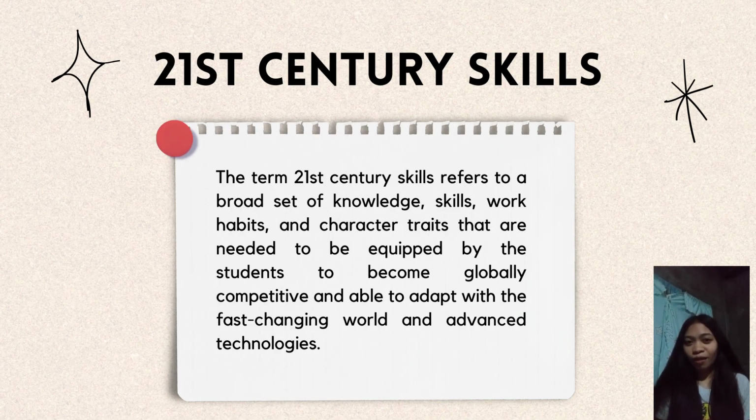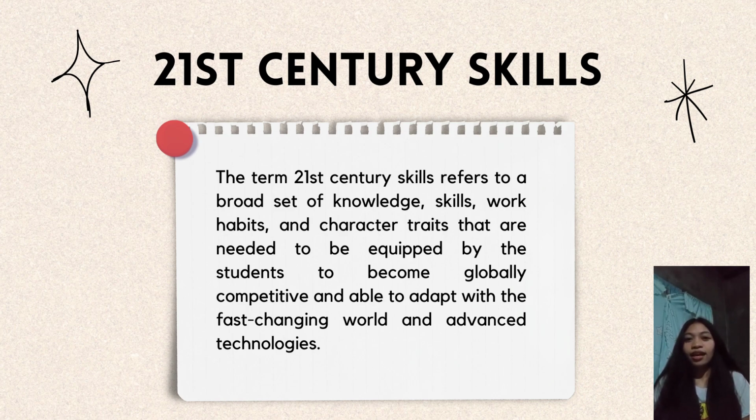So, the third and last type of other effective measures of assessment is the 21st century skills. It refers to the broad set of knowledge, skills, work, and character traits that are needed for students to be totally equipped and become globally competitive, adapting to the fast-changing world and advances in technology.